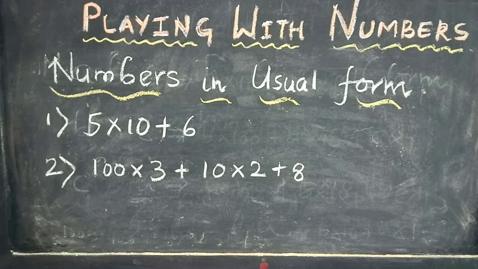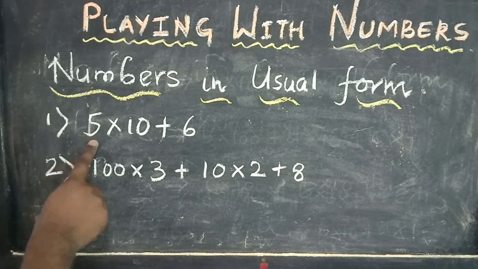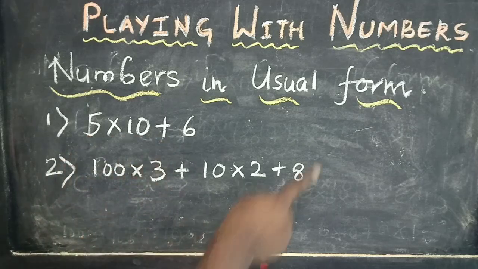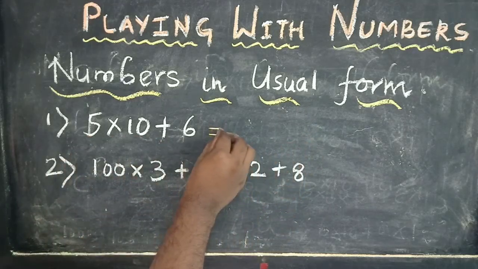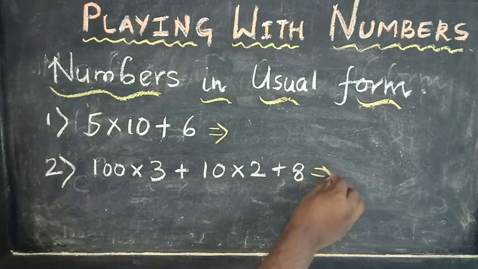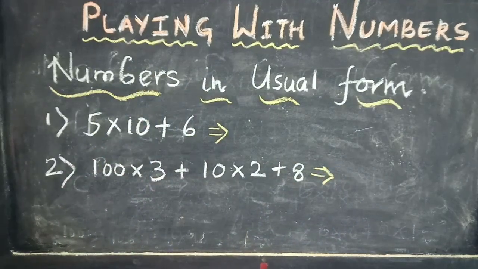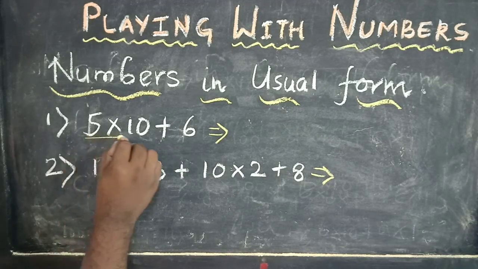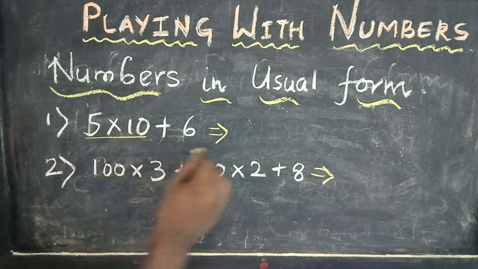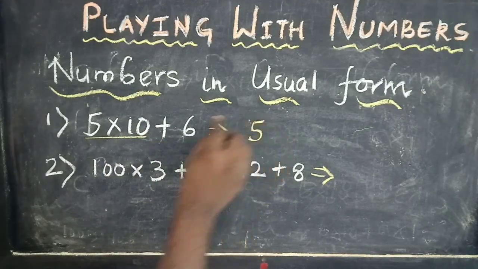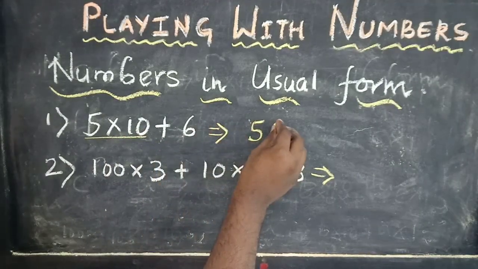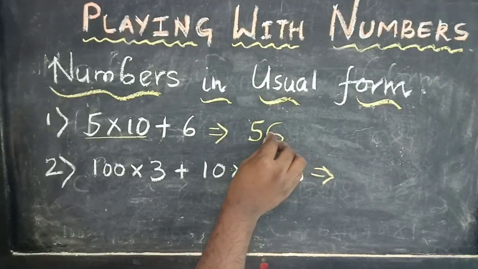Students, is it possible to express numbers given in general form in the usual form? Yes, we can convert the given general form to the usual notation. So here 5 times the 10, that means in the tens place it is 5, then 6 times the unit, that means in the unit place it is 6.